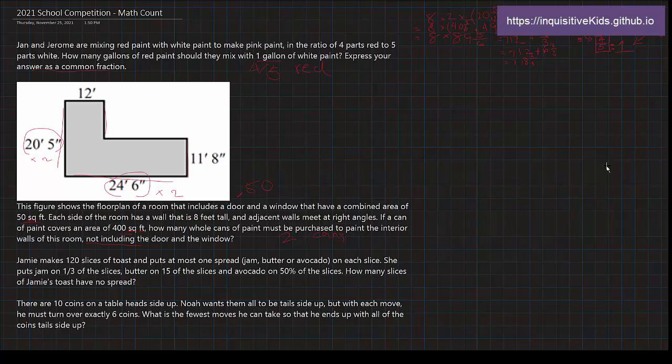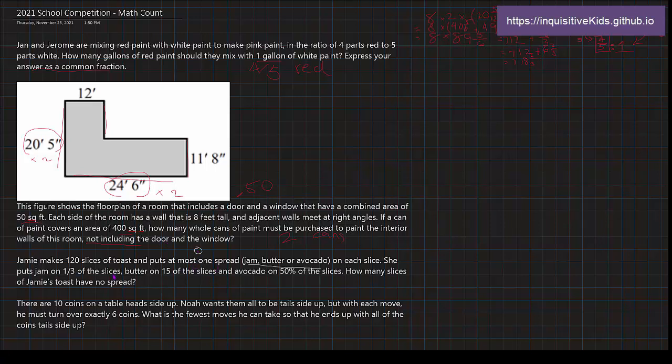So it says that in total she has 120 slices of toast, and each can only have jam, butter, or avocado. So there's no overlaps, but it says at most 1 spread, so some also have 0.